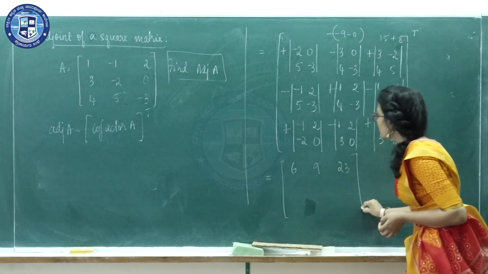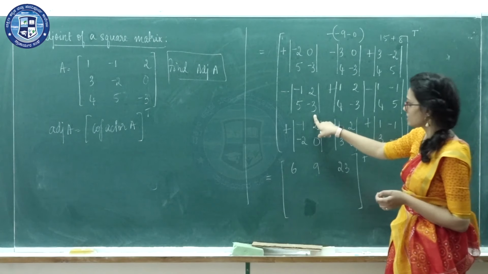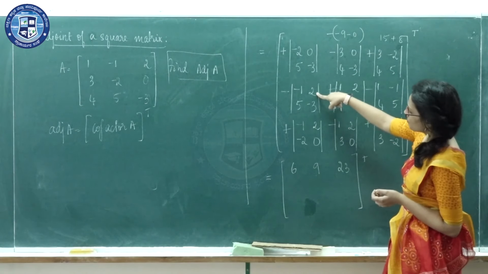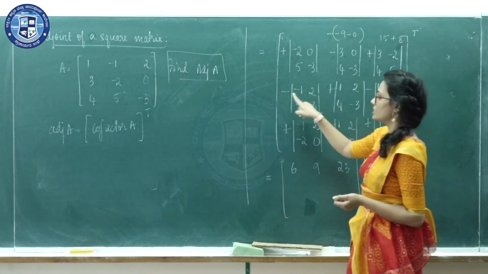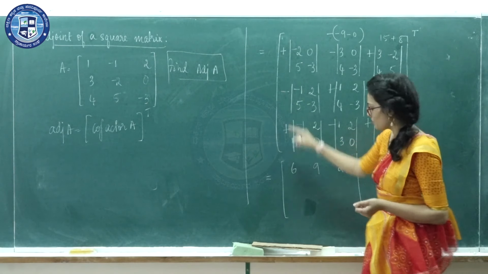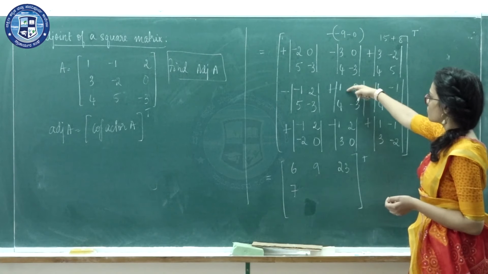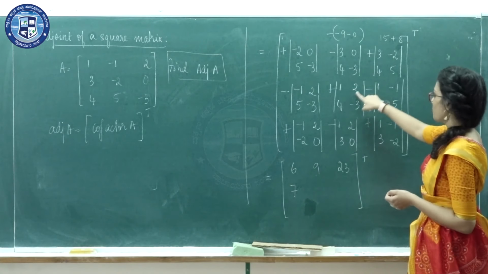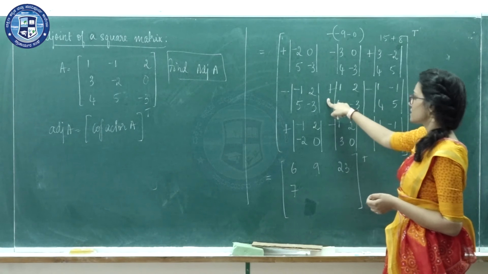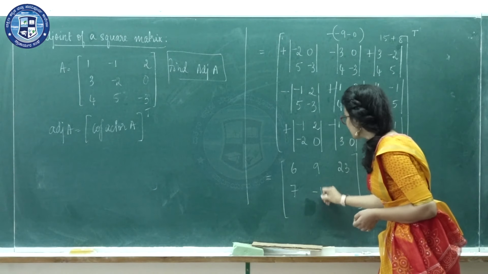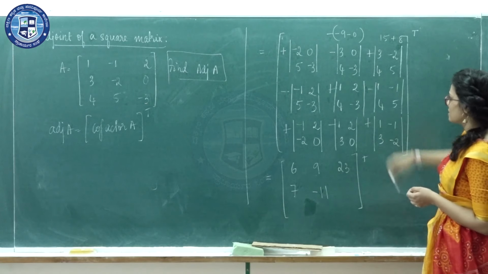So 23. Next we have minus 1 into minus 3 is plus 3, minus 10. Plus 3 minus 10 is minus 7, but there is a minus sign outside, so minus into minus becomes plus. So we get plus 7. Next term, we have 1 into minus 3 is minus 3, minus 3 minus 8 is minus 11. We have a plus sign here, so we get minus 11. Next we have a minus sign outside the determinant.